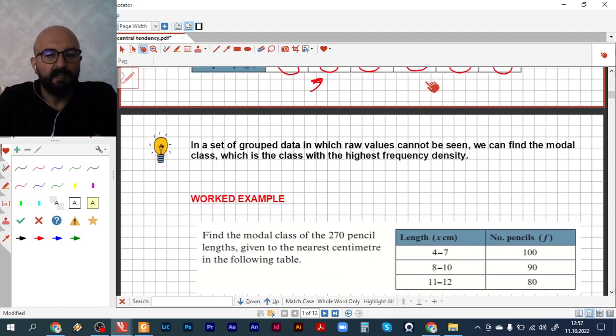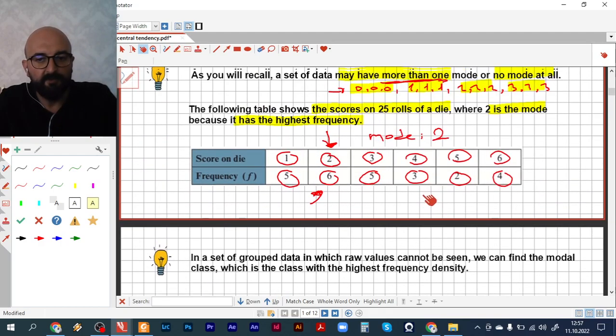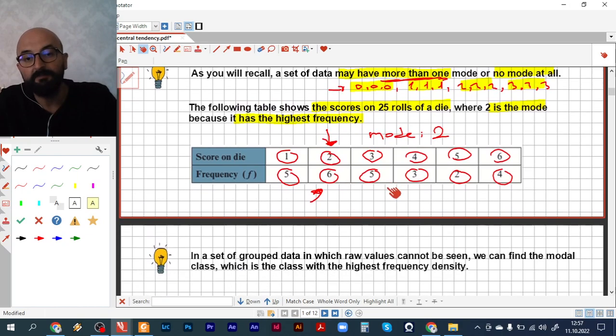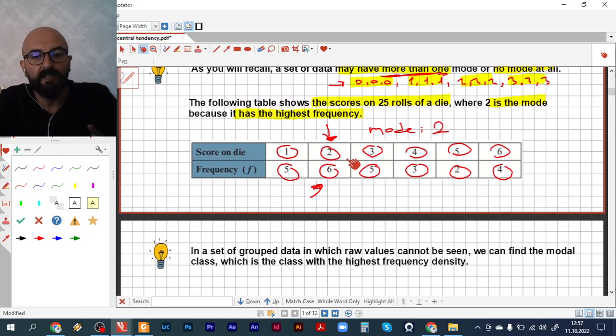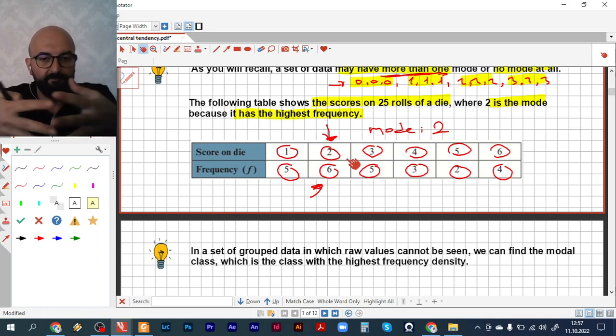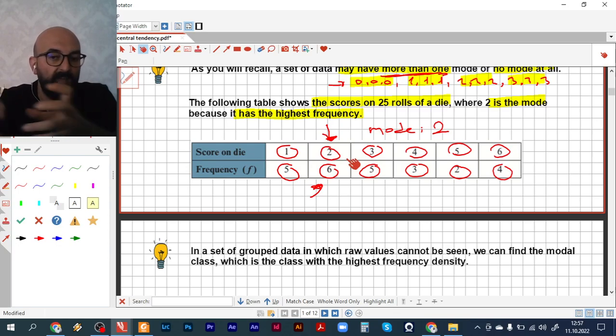And sometimes we may not have these data. We may have a frequency density. Please remember that we use frequency density in a histogram.